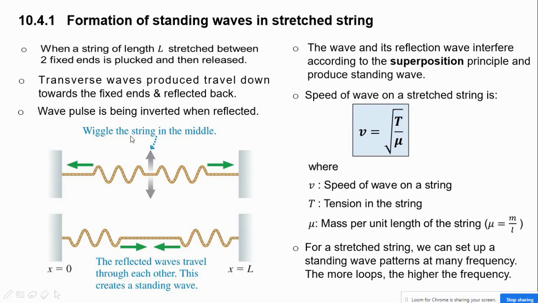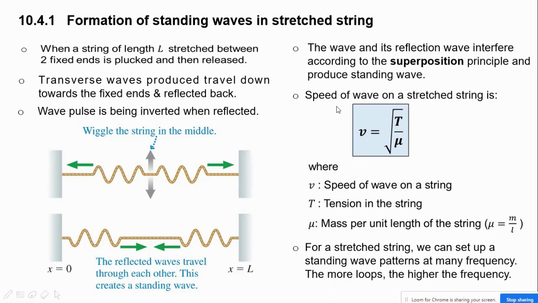And if we wiggle the string in the middle, the wave and its reflected wave travel through each other. This will create a standing wave. The wave and its reflected wave will interfere according to the superposition principle and produce a standing wave.